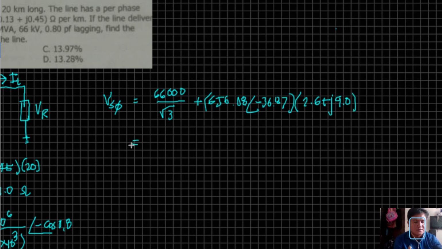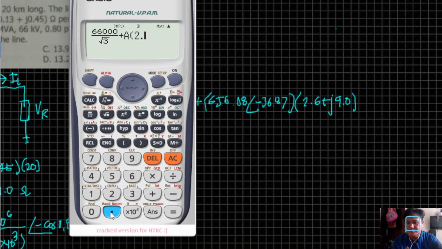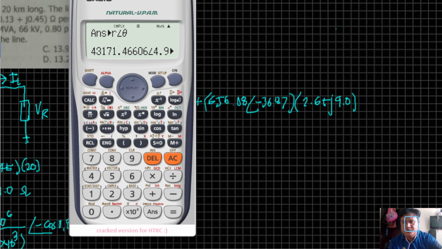Okay, so we now have, so store muna natin to sa A. Okay, then we have 66,000 over square root of 3, then plus A times 2.6 plus 9 I. Diba? Okay, so in polar form, so that would be equal to 43171.47.